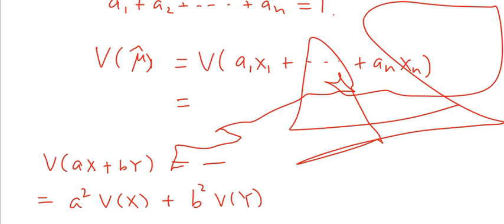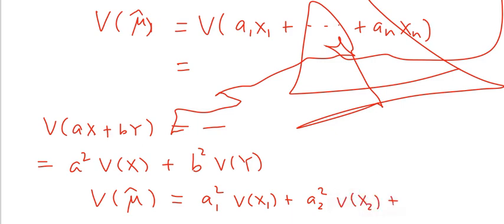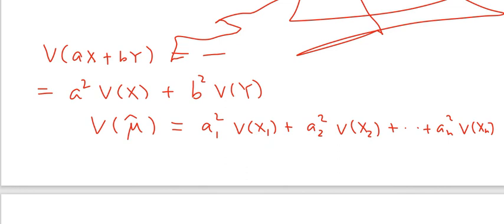Now let's say the variance for mu hat equals a1 squared Var(X1) plus a2 squared Var(X2), plus an squared Var(Xn). And Var(X1), Var(X2), Var(Xn) are the same, because X1, X2, Xn are from the same population, or they follow the same distribution. Their variance is sigma squared, right?